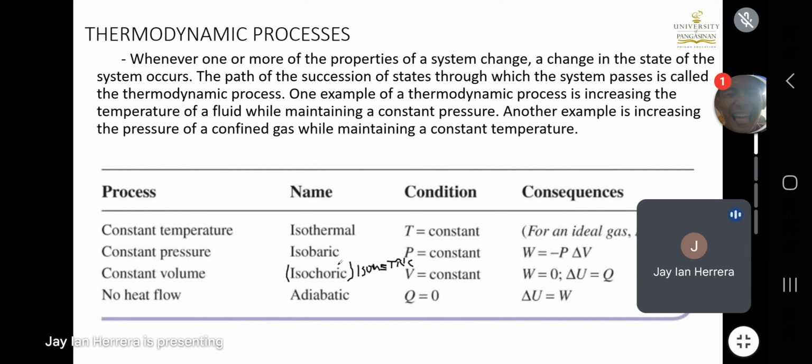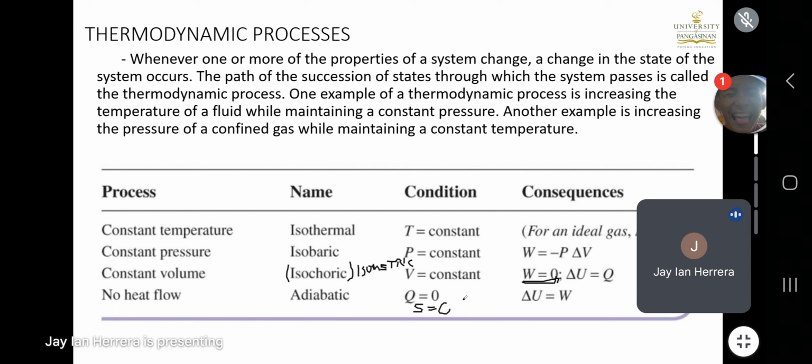We have isometric or isochoric, which is constant volume, so there is no work done there. It is 0. We also formulated this last Friday. And the adiabatic or isentropic, where entropy is constant.